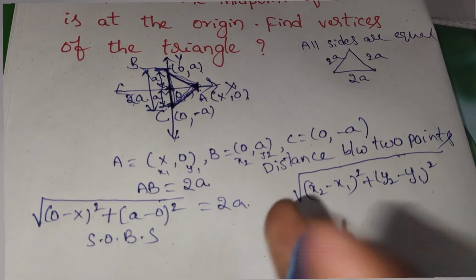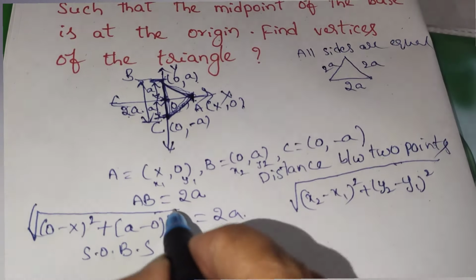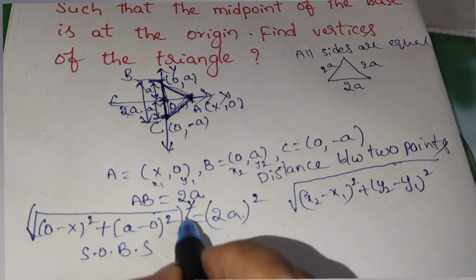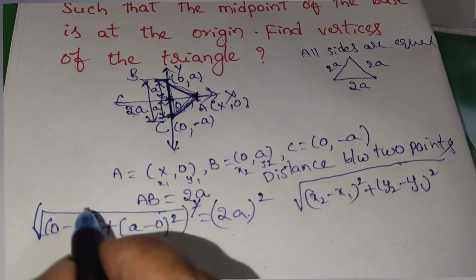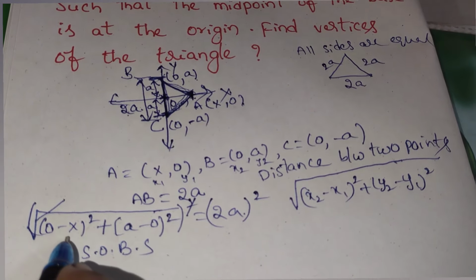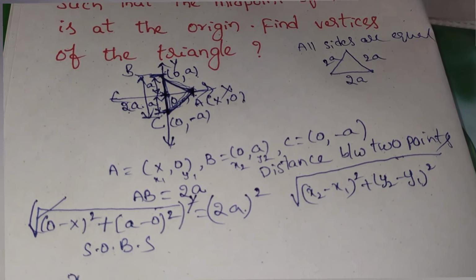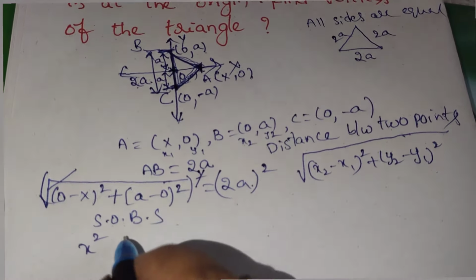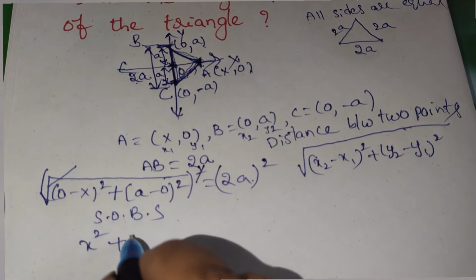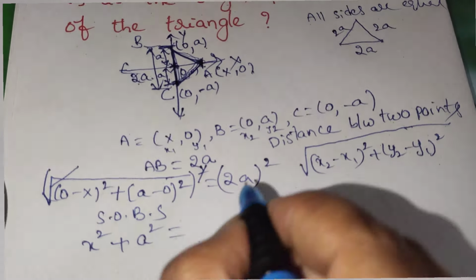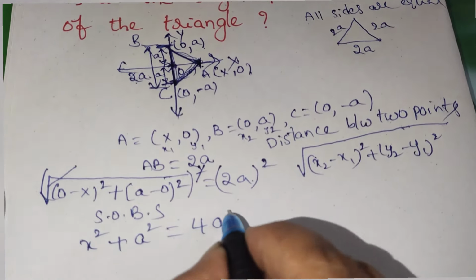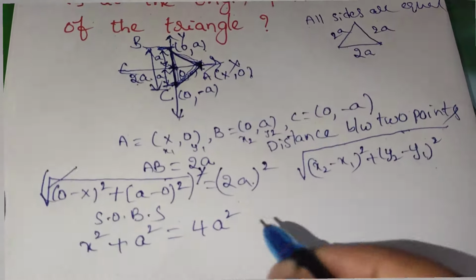So when you square on both sides, now cancel the square and square root. So (0 minus x) whole square is x square plus (a minus 0), a square, that equals 2 square, which is 4, and a whole square is a square.